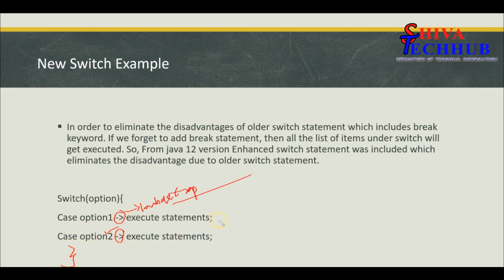We need not add any break statement, so automatically it will switch to that particular option and execute that particular statement even if you don't add any break statement. That is how the new switch eliminates the possible disadvantage of the older switch statement, which includes adding a break statement. So this is the switch example in Java.